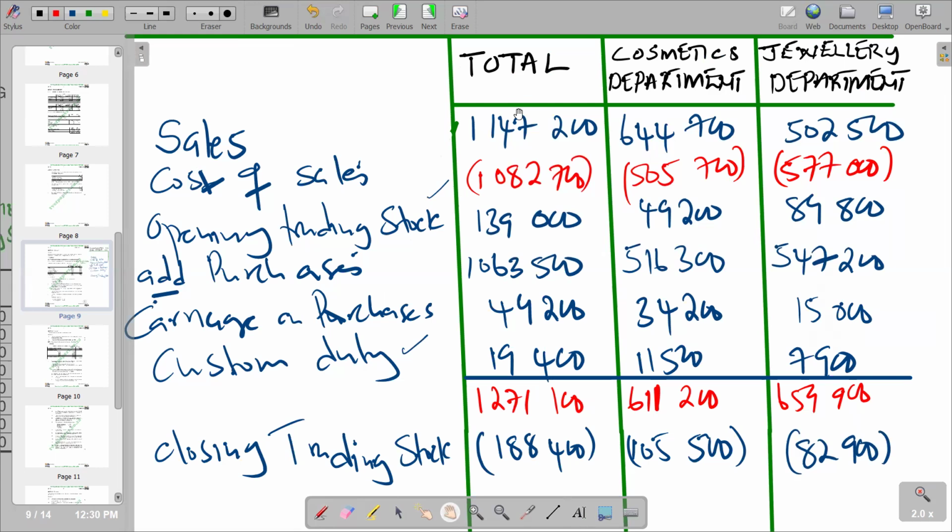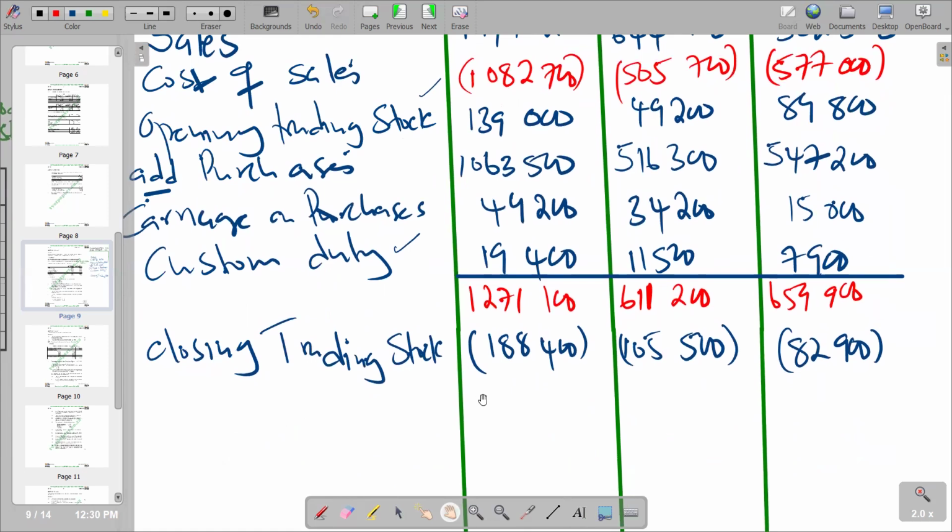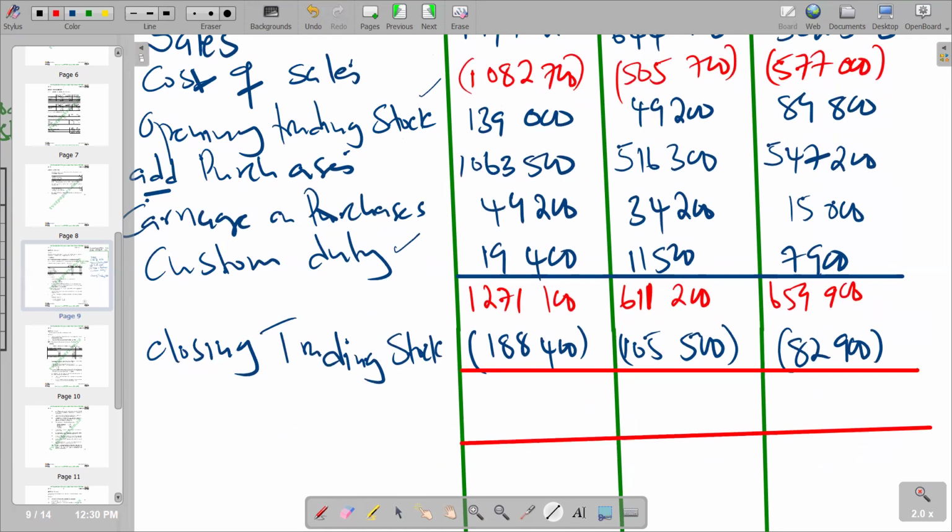So start with the total column, subtract this figure minus this figure, and the answer that you are going to get should come there. So we can put our double lines. If you subtract in the first column, we are subtracting at the top there, so that it doesn't confuse you.